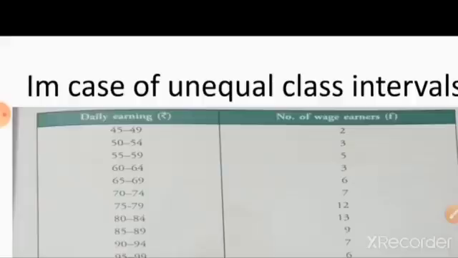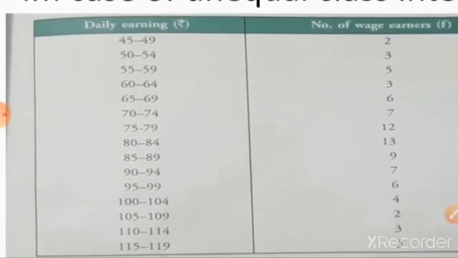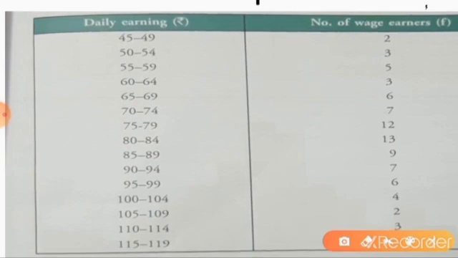Here you can see the class intervals 45 to 49, 50 to 54, 55 to 59, and it goes on like that. Suppose the numbers come between 49 and 50, how will we make the class intervals equal? As we saw in the previous classes, the difference will be taken. What is the difference between 50 and 49?